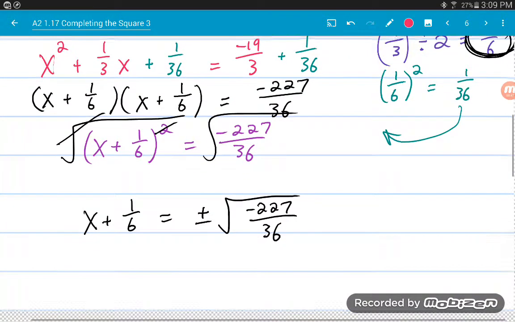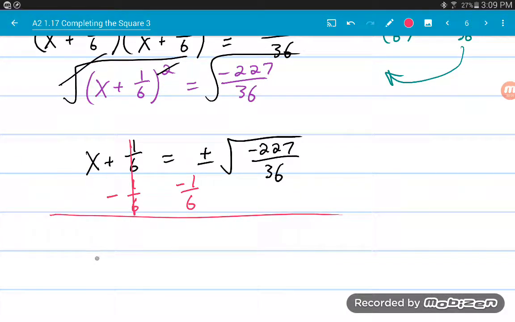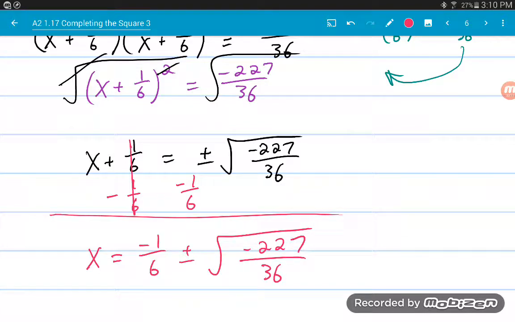My last and final step is going to be to get the x by itself by getting rid of this guy. So in order to get rid of it, I do -1/6, -1/6. That crosses out. And my final answer is going to be x is equal to -1/6 plus or minus the square root of -227/36.